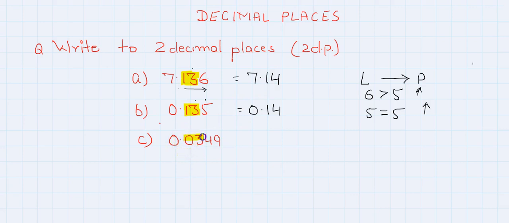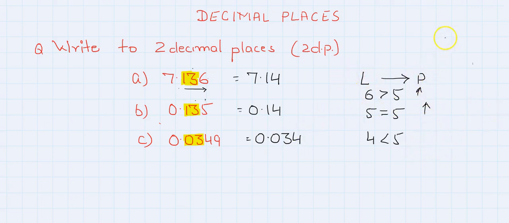So these are the 2 decimal places, and after this the number is 4. 4 is less than 5, so we are going to write it as it is. So it will be 0.034. So the rule is the same.